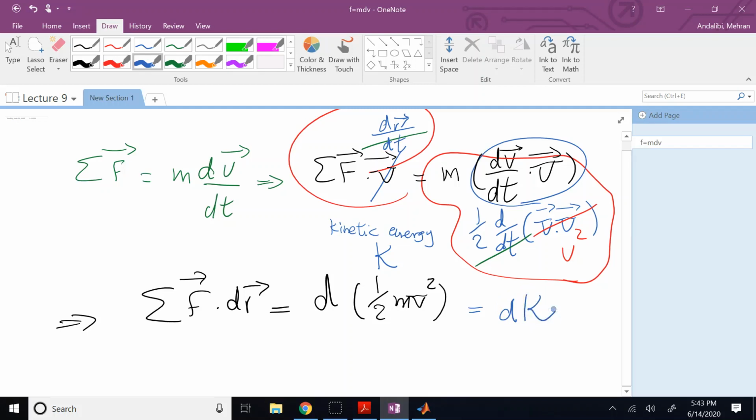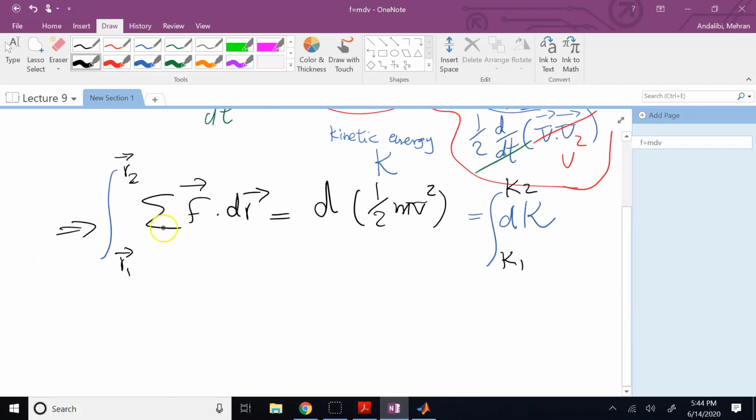And now I would integrate both sides. The upper and lower limits here are, of course, the initial kinetic energy and final kinetic energy. And here it is going to be from the initial position vector r1 to the final position vector r2, because I'm integrating with respect to r.